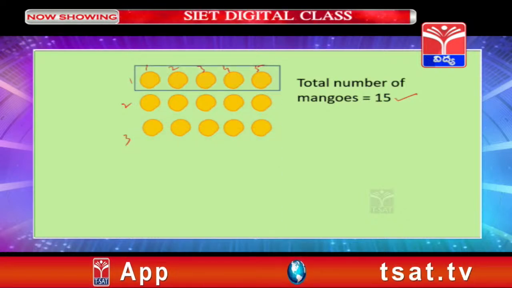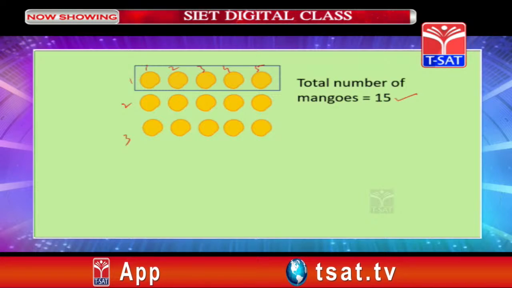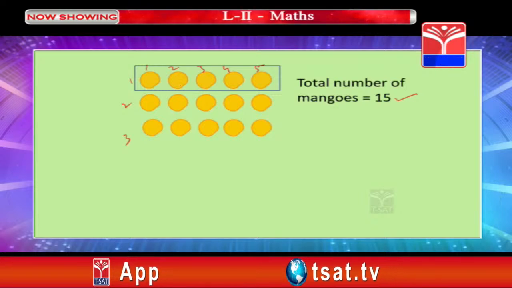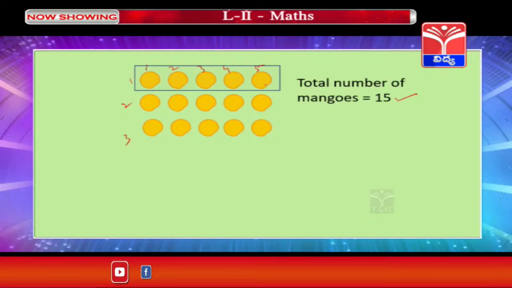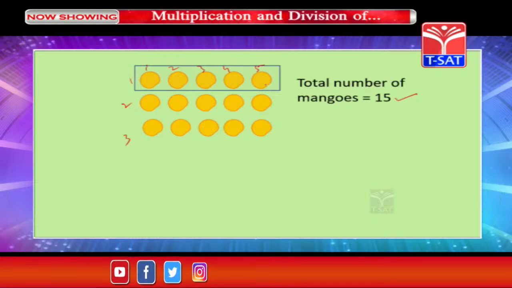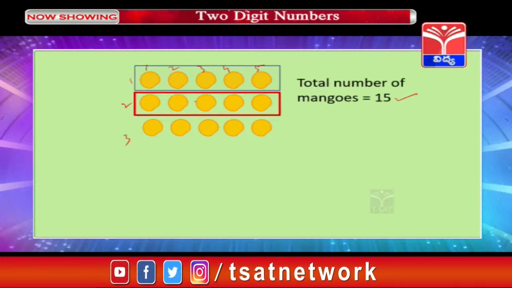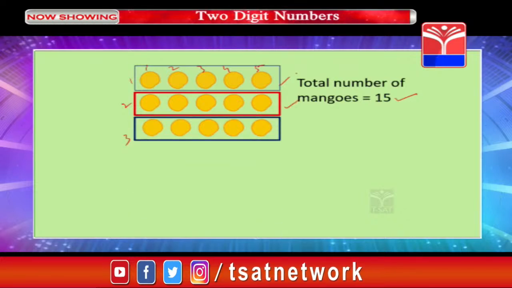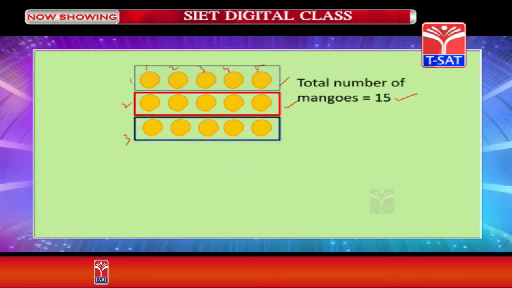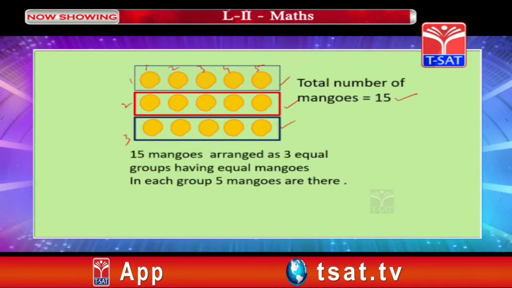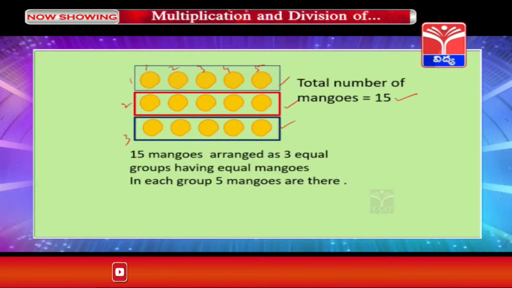So see, 3 children are there. So first child gets 5. 1, 2, 3, 4, 5. We will see how many mangoes the second child will get. See, second row, 1, 2, 3, 4, 5. And the remaining 5 will go to the third child. So 15 mangoes are arranged in 3 equal groups having equal mangoes. In each group 5 mangoes are there.